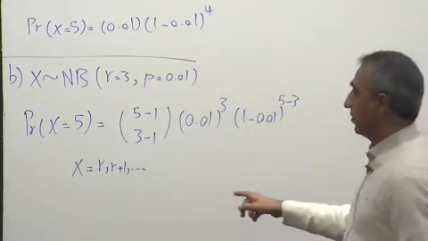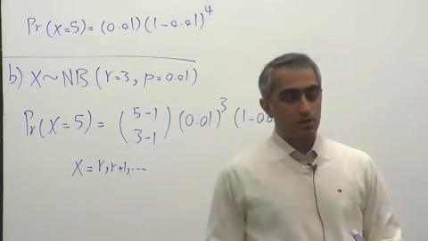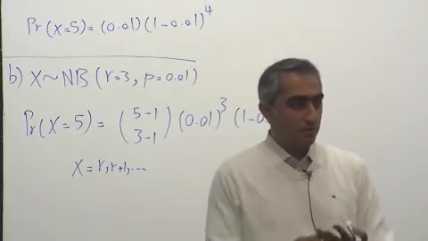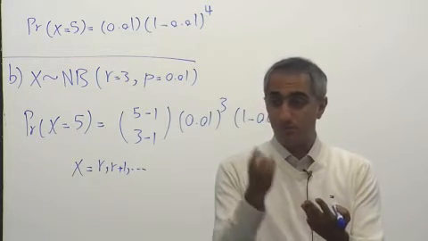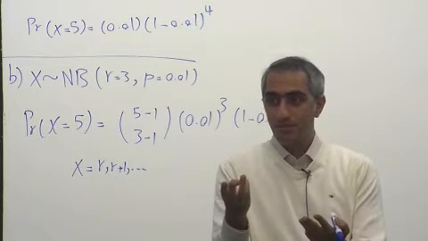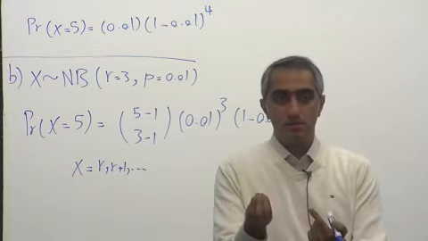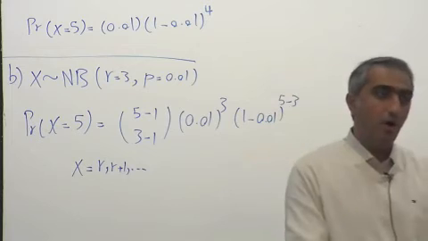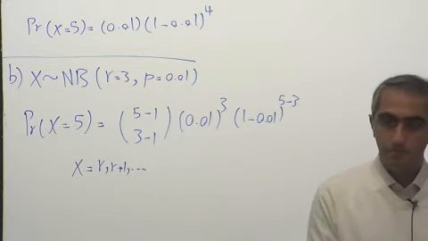Your X starts from 3. Why? Because in order to have three successes, you need to at least do 3 experiments. You cannot do 1 experiment and see 3 successes. So that's why your X starts from R. Does it make sense? Okay?